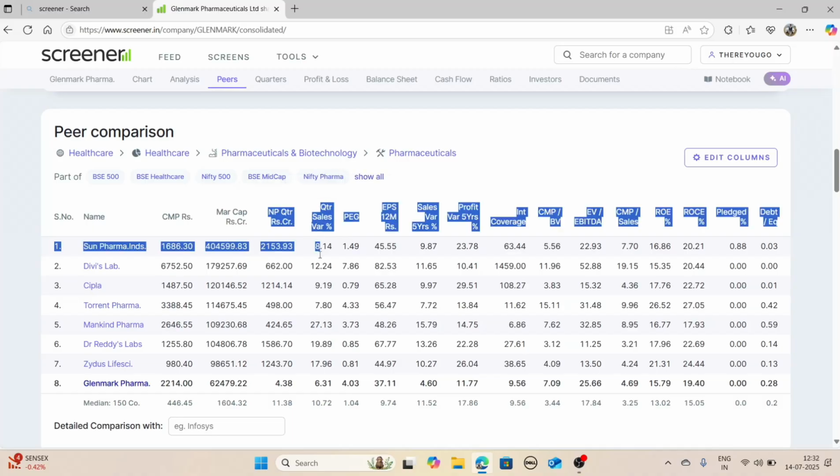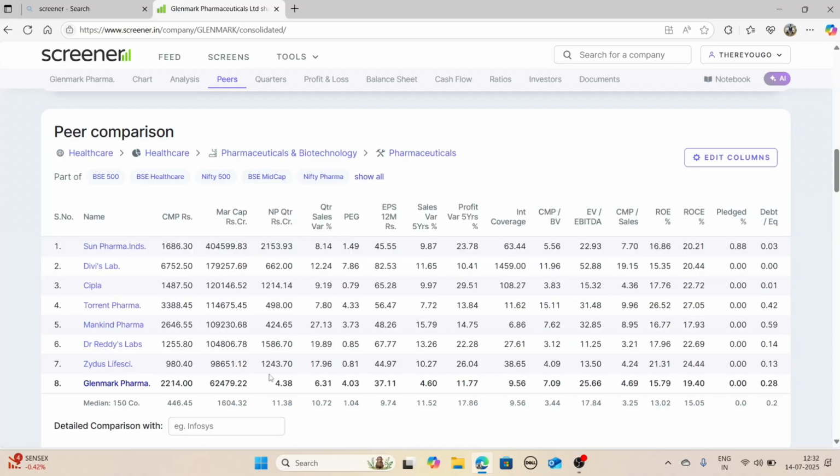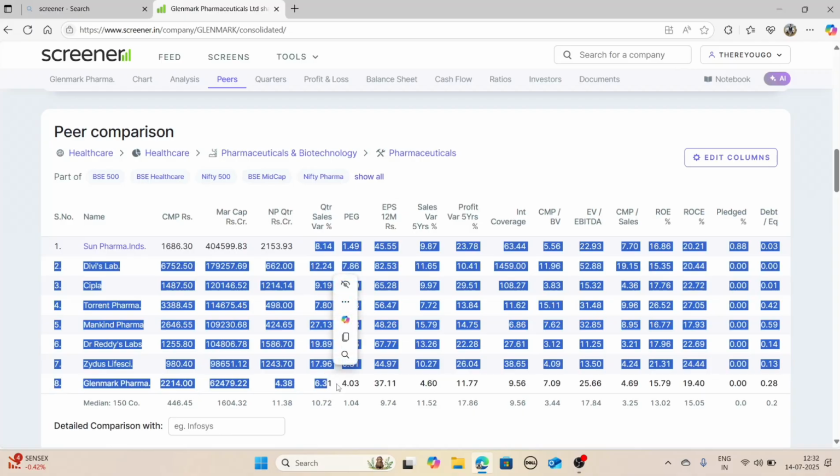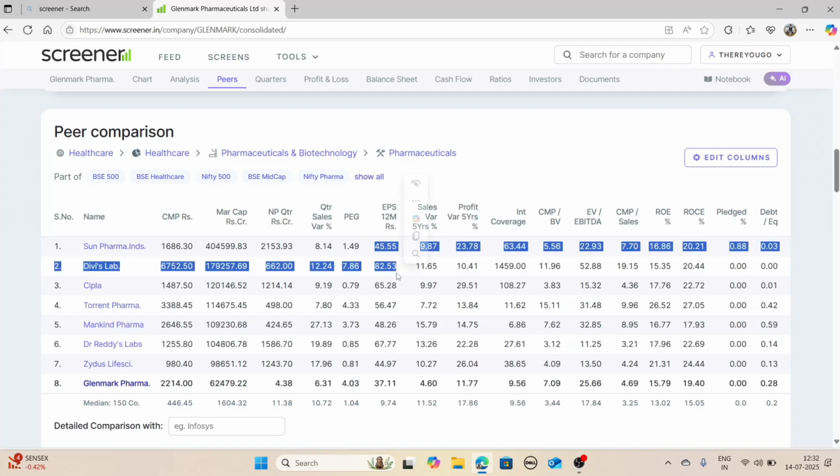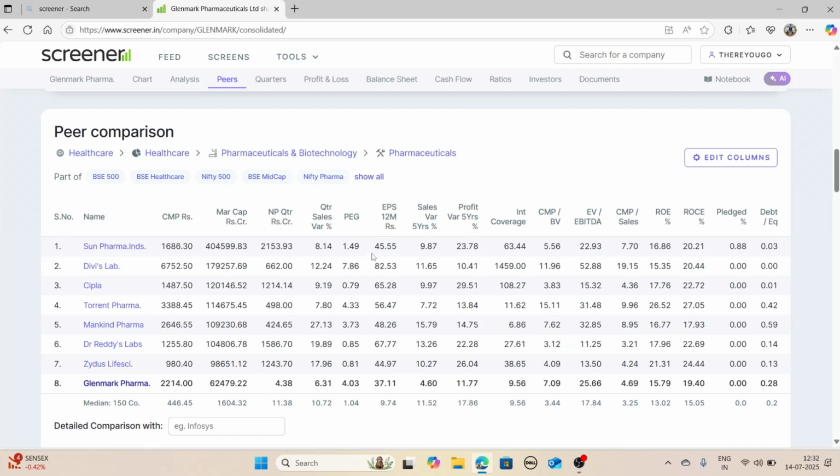We are not going to compare the net profit because we cannot go with the numbers. We have to check the percentages or ratios. Quarter sales variance, it has low quarter sales and also a high PEG ratio, meaning the stock price is going up too fast as compared to its profit.